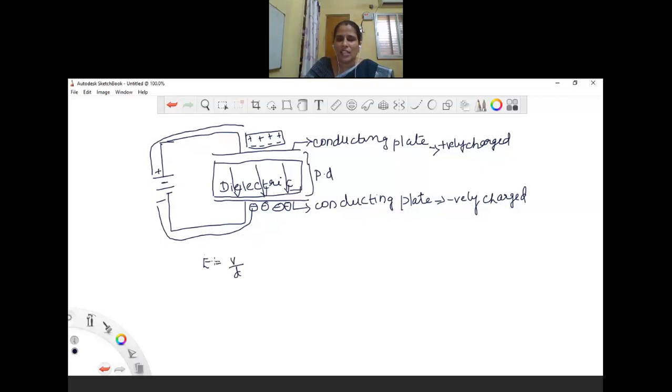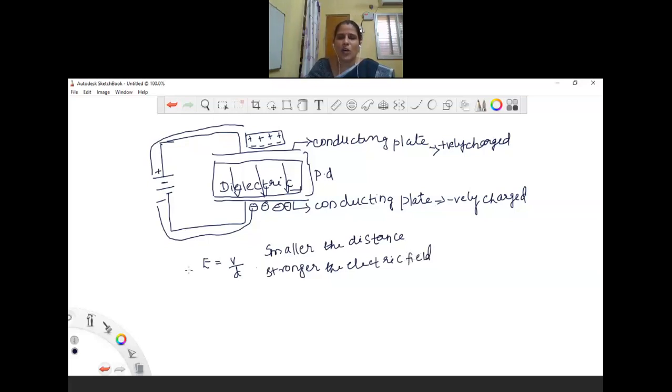Okay, so if the distance is smaller, then the electric field is stronger. The electric field will be strong if the distance between the two plates is small.